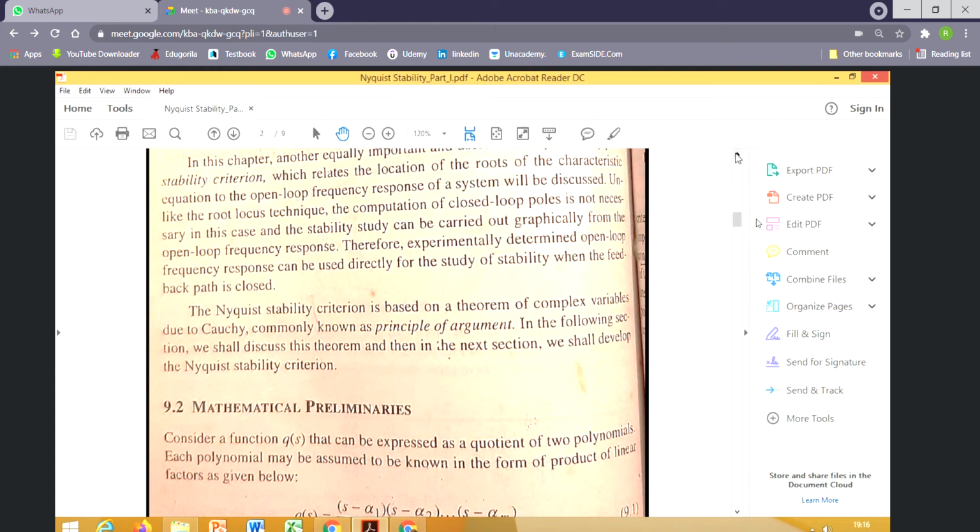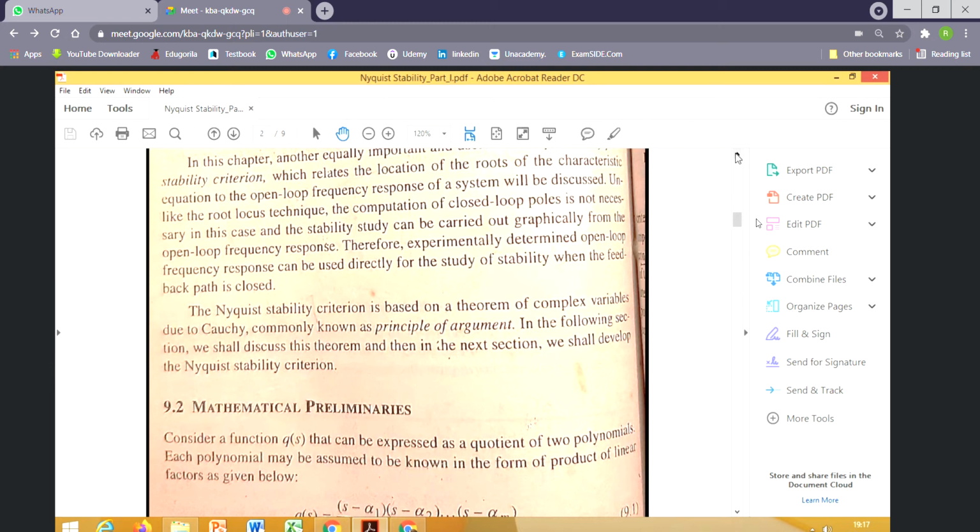And the third advantage of the Nyquist stability criterion is that if the open loop transfer function, that means G(s)H(s), is known, then we can ascertain and judge the stability of the closed loop system.